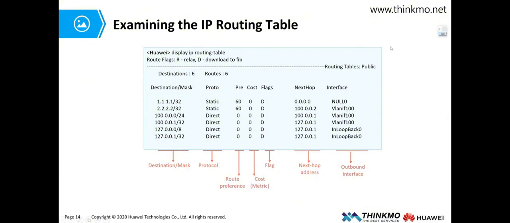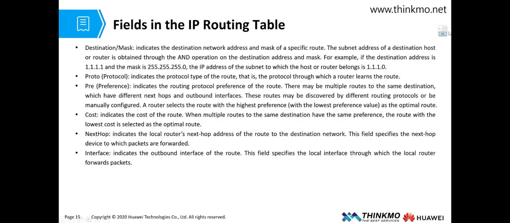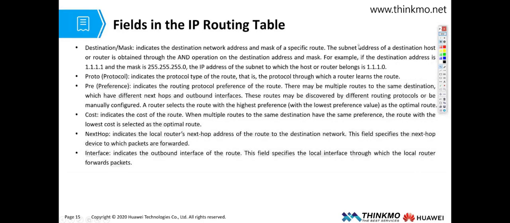First, in this context, the destination and subnet mask represent a specific destination and mask that exists in my routing table. For example, I have now obtained the destination network, which could be a computer, a router, or any device, and its subnet mask.